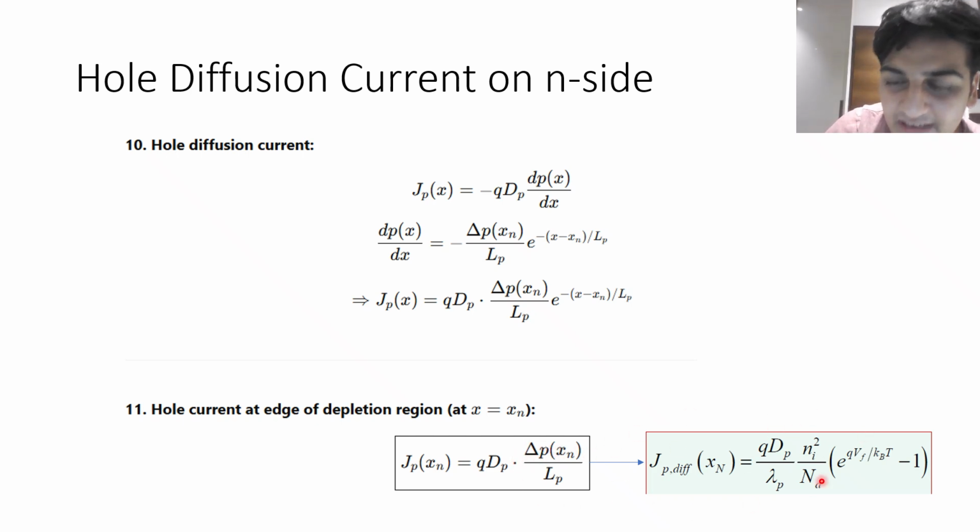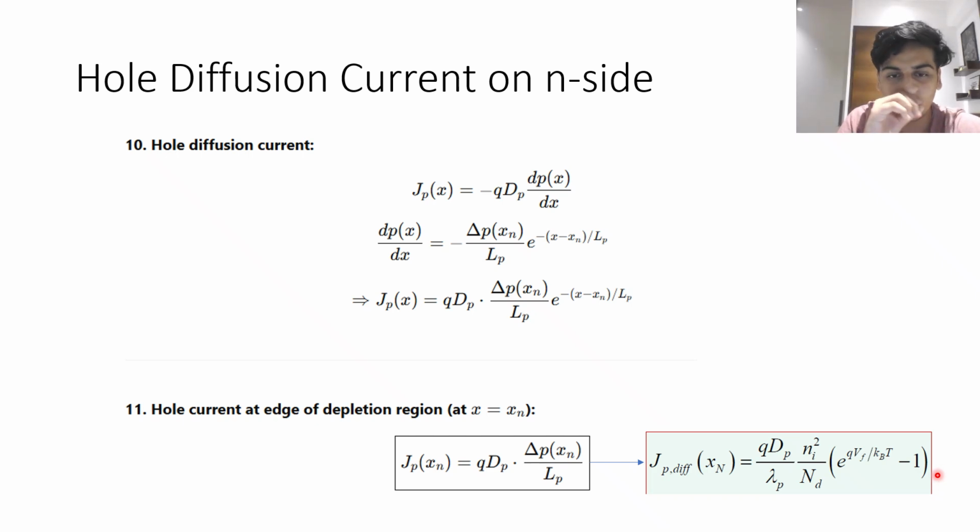I've just screenshotted this formula from somewhere else. They have used the variable name lambda instead of L, but otherwise it's just delta p xn. And remember, delta p xn is p at n naught times e power qVf by kBT minus 1.